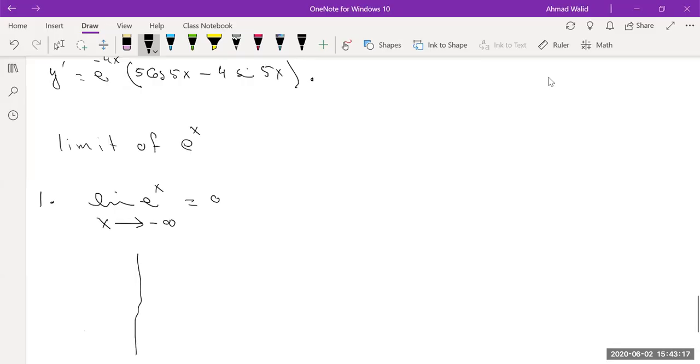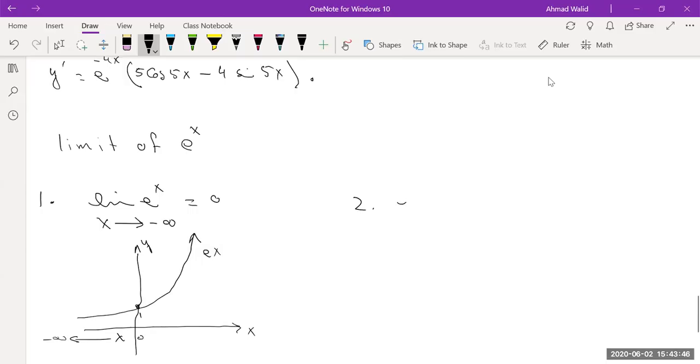Why? Look at the graph. X, y. This is the graph of e to the x. Correct? This is 1 and 0. As x approaches negative infinity, to this side, the graph goes to 0. That's why the limit of e to the x as x approaches negative infinity is always 0.